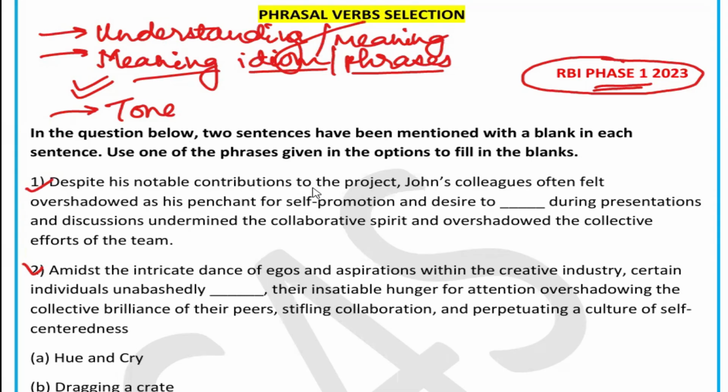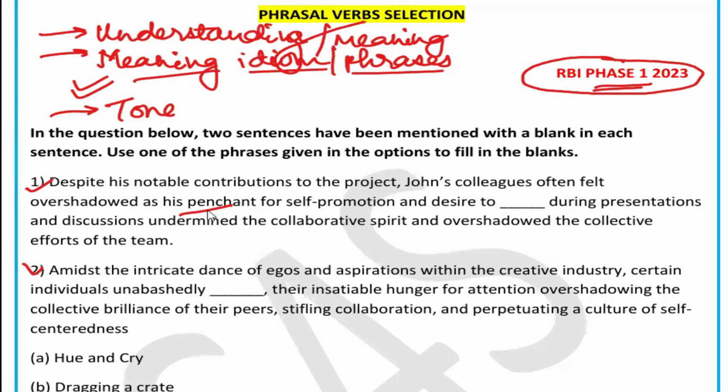The contributions he had made to the project, John's colleagues often felt overshadowed. Often felt overshadowed means they felt as if they were being neglected as is his penchant. Now penchant is something that you like very much, for self-promotion.